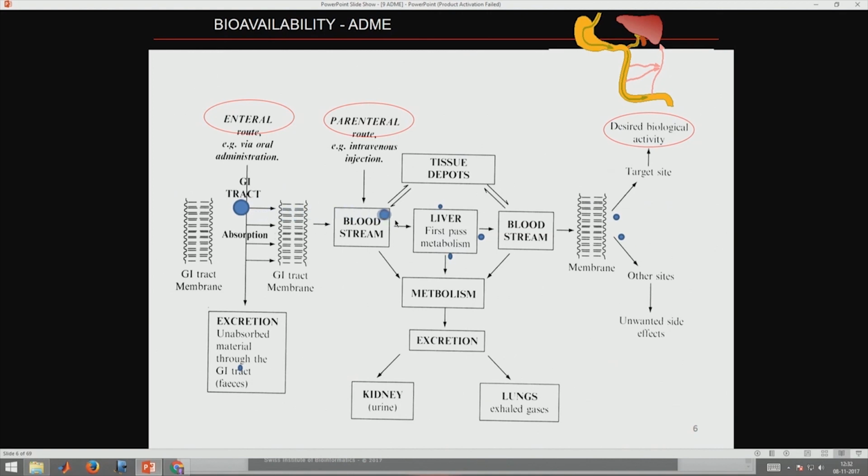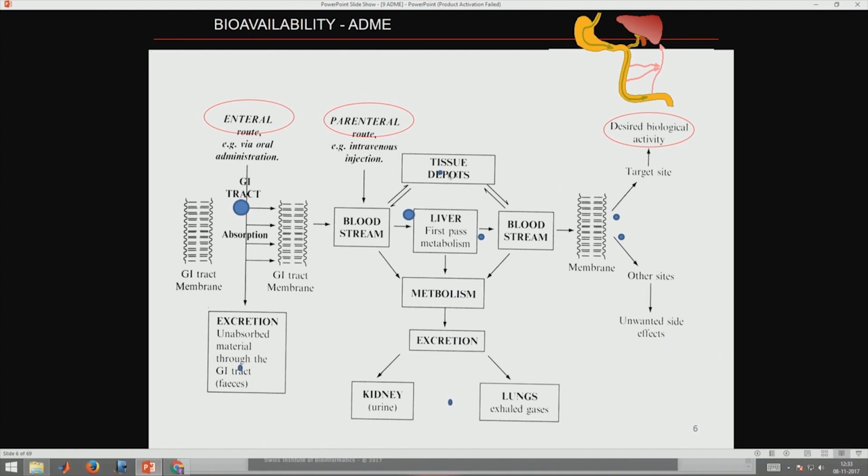So it gets absorbed, it comes into the bloodstream, and then the liver is a fantastic gatekeeper, so it starts degrading the drug. Some drug gets degraded, some gets absorbed in the tissues, and there is metabolism and excretion through kidney and lungs, so you lose.